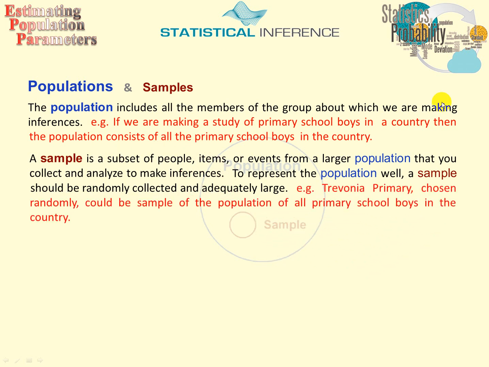For example, going back to those primary school boys, Travonia Primary, chosen randomly, could be a sample of the population of all primary school boys in the country.